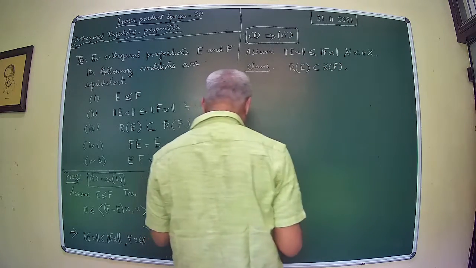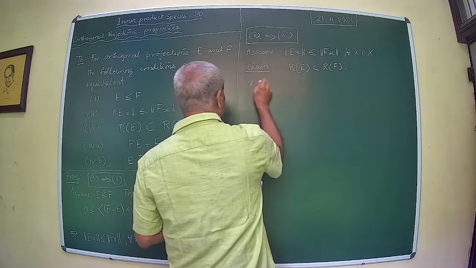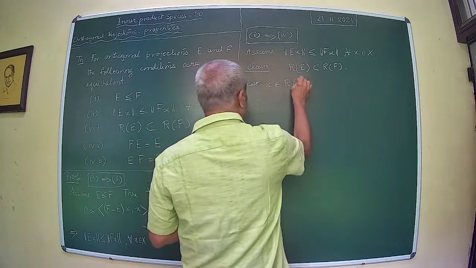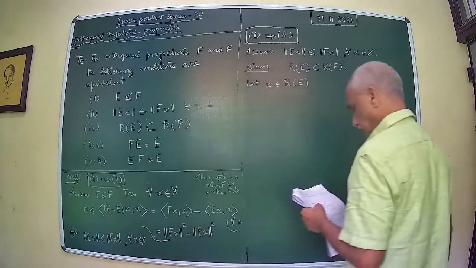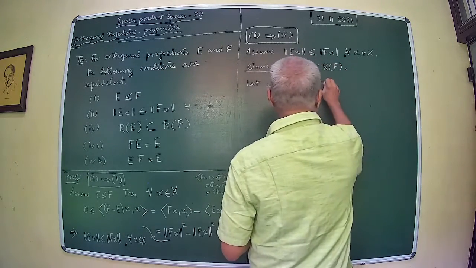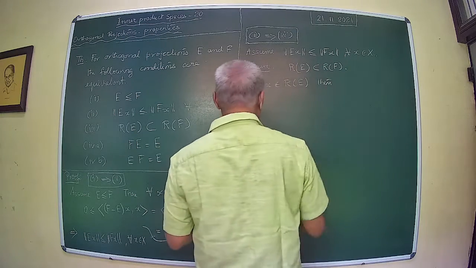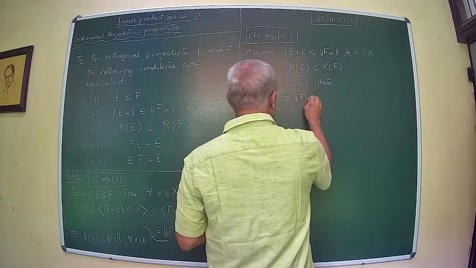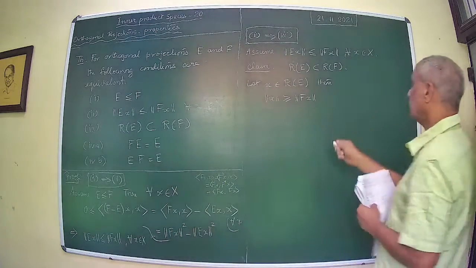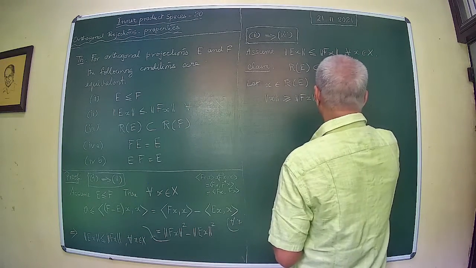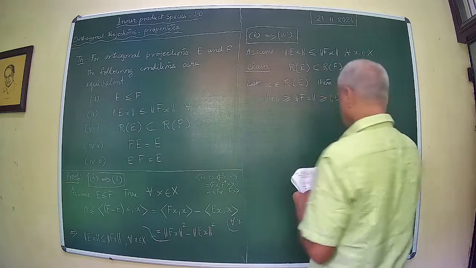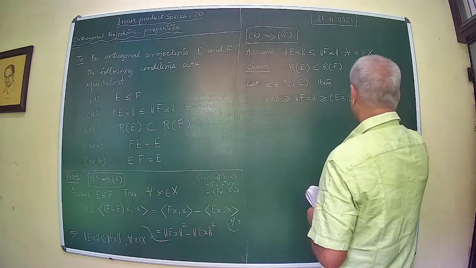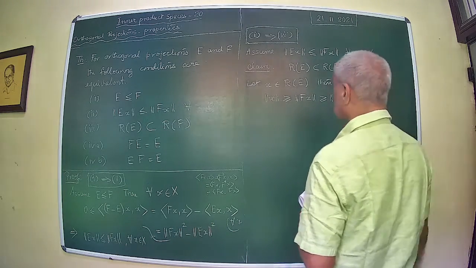So we start with an x in the range of E. Then we have this: the norm of x is greater than or equal to the norm of Fx, and this is certainly greater than or equal to the norm of Ex, and the norm of Ex is equal to the norm of x because x is in the range of E.